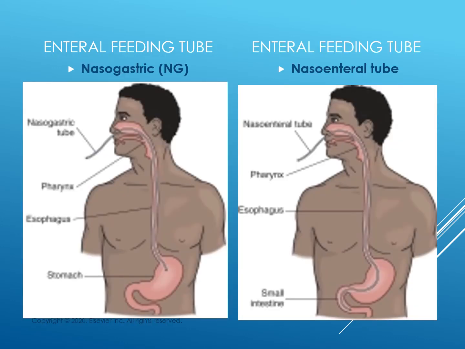The picture shows you that the nasogastric NG tube is on the left, and you see where the tube goes into the stomach. And the nasal enteral tube goes all the way down and goes into the small intestine.